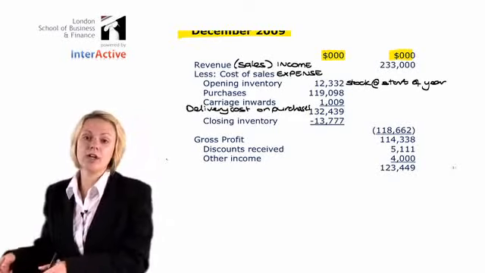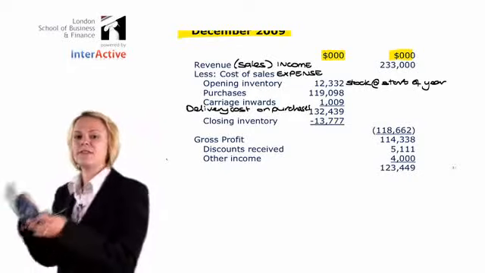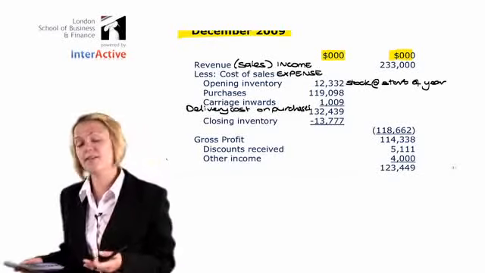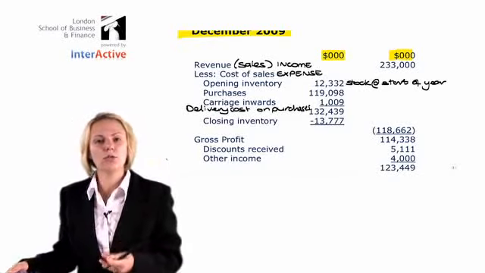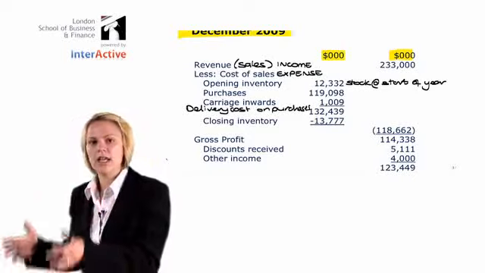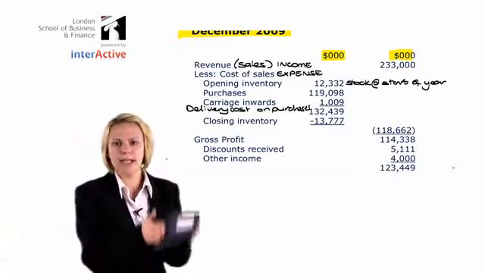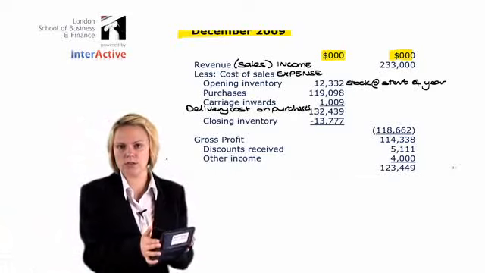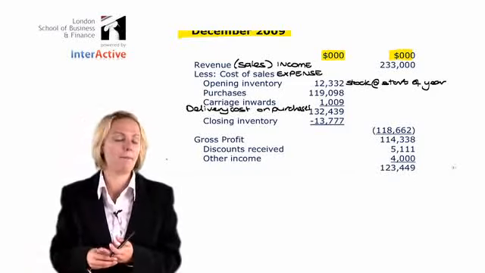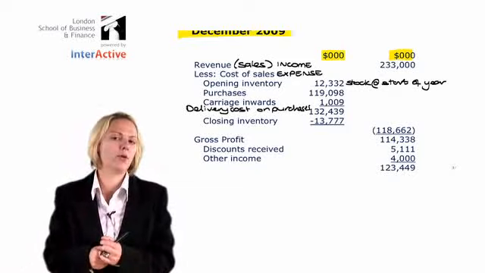So if you incur delivery costs on bringing your calculators into the business, or maybe for delivering the components of the calculators into your business, if you're a manufacturing entity, well, that delivery cost is a cost that you incur in order to bring in those calculators and then to sell them. It is a cost of selling goods. So therefore, we add it to opening inventory and purchases. And we do a little subtotal at that point.